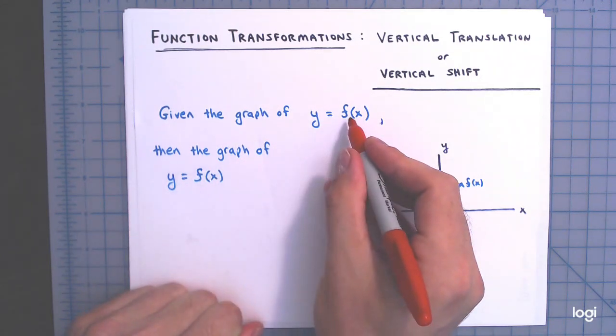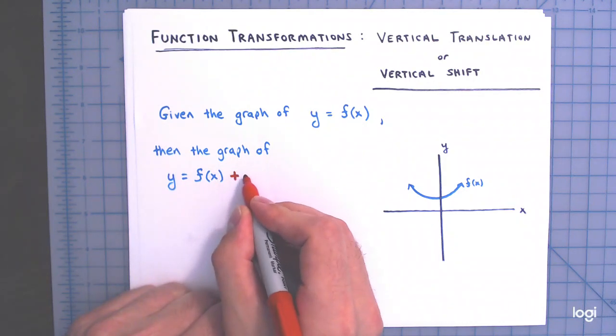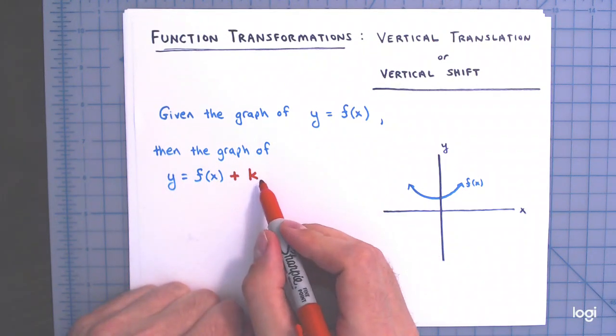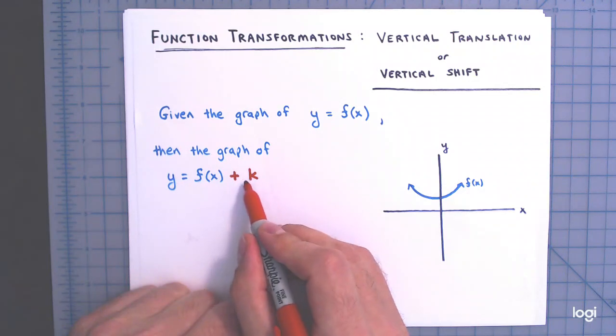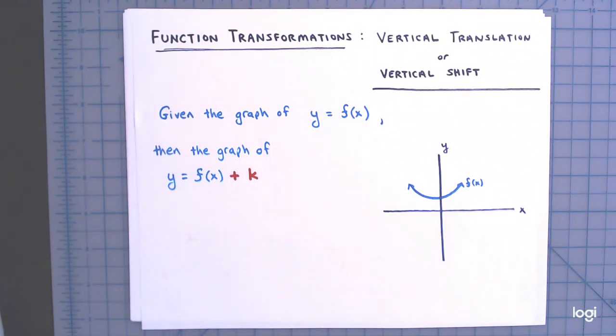I take my original equation, and then to the side with the expression with x in it, I simply add a number. Okay, and this number k is just going to be a real number, right? So plus 5 or plus 7 or minus 4, plus negative 4, and so on.